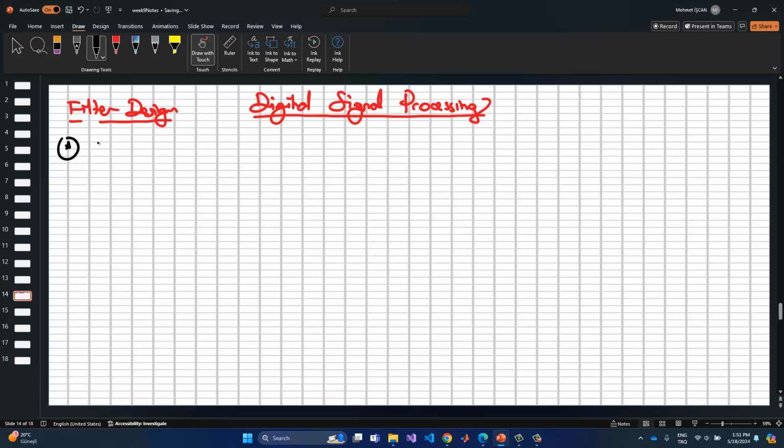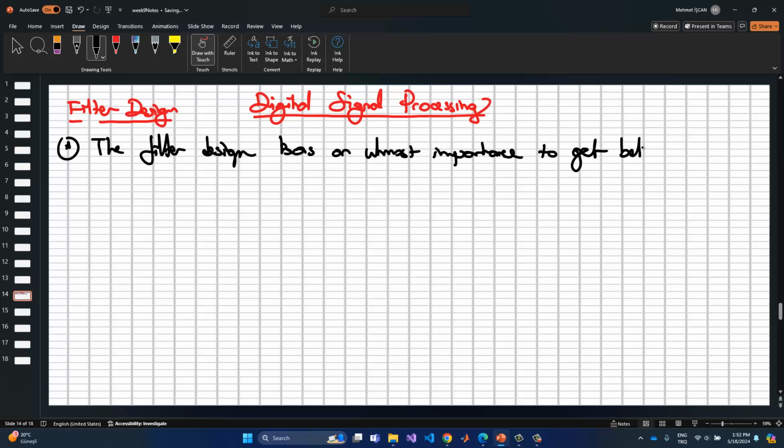Okay, first of all, filter design is of utmost importance to get better results in real-time applications, because in real time we have many disturbances such as noise or unwanted signals, or something like that.